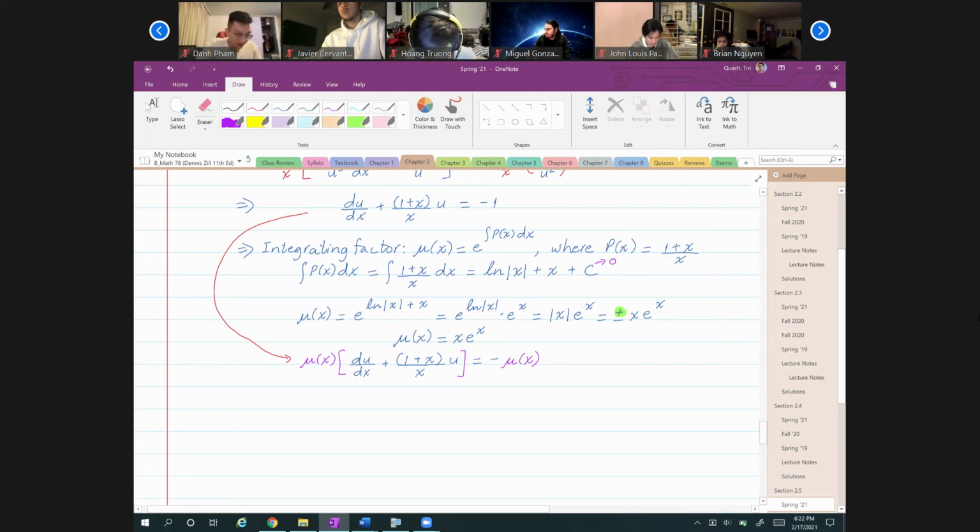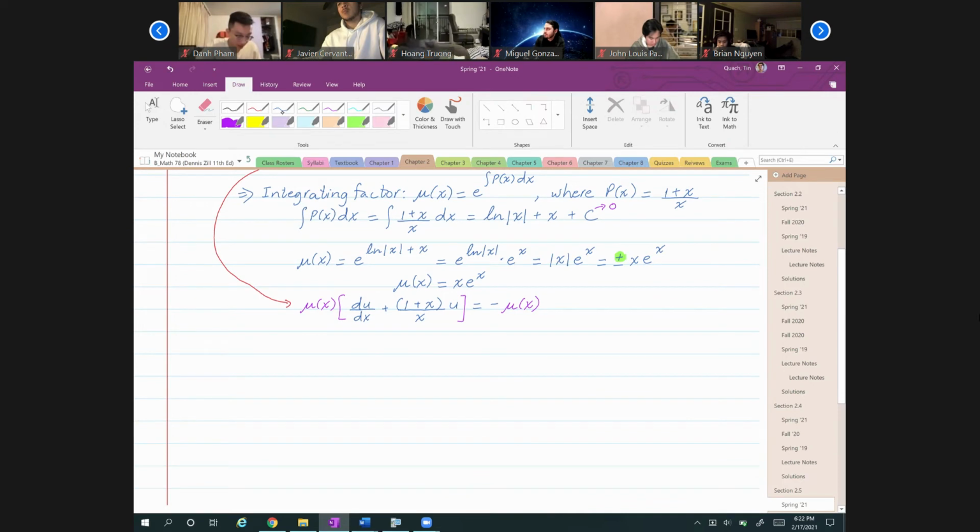From the method of integrating factor, when you multiply the integrating factor to both sides, the left-hand side becomes the derivative of mu of x times the function u.